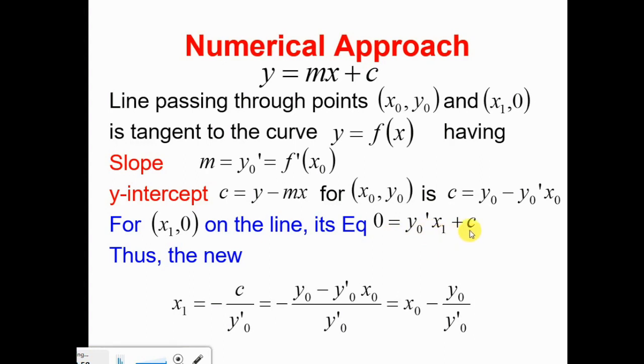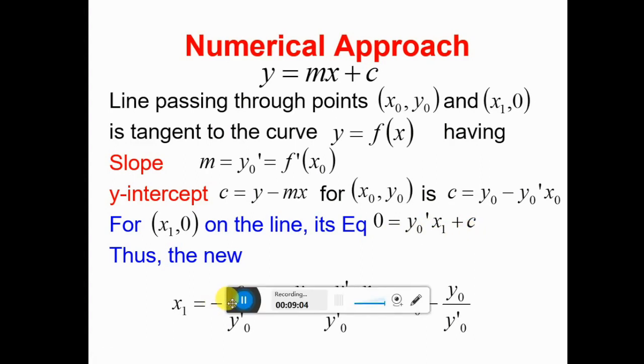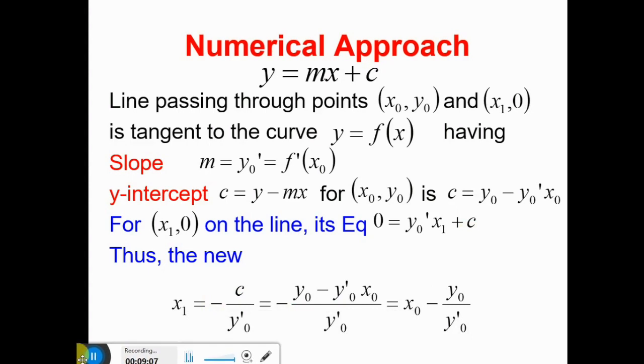So this equation can be rearranged for x1, because x1 is the new point which is closer to one of the roots of the polynomial. So rewriting this equation for x1, we have x1 is equal to minus c upon y0 dash.